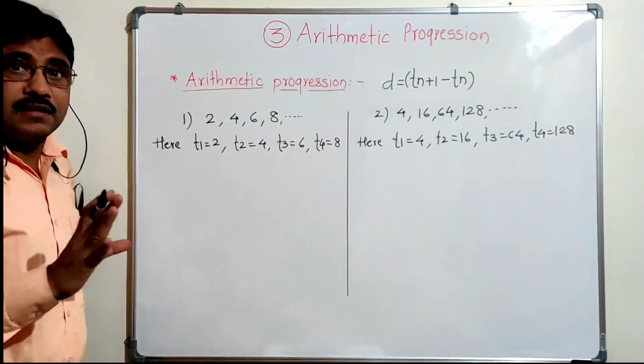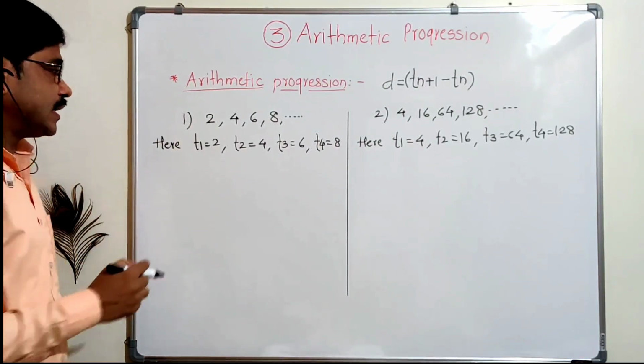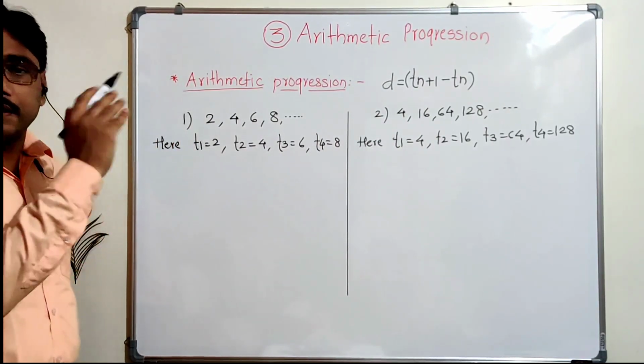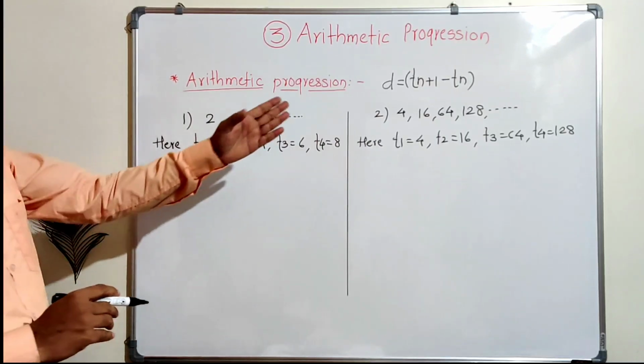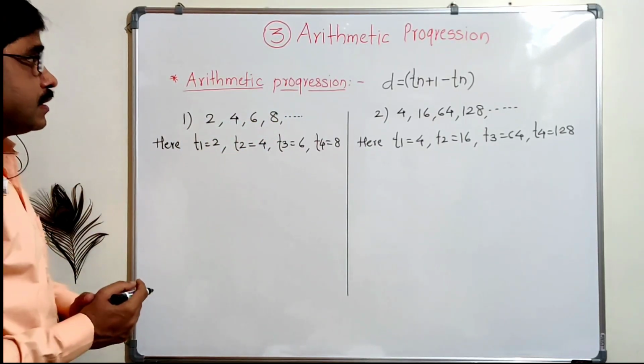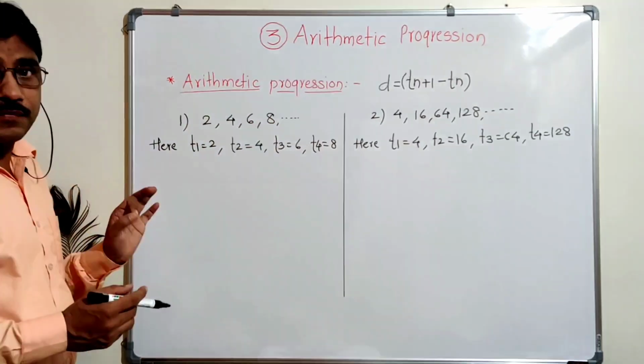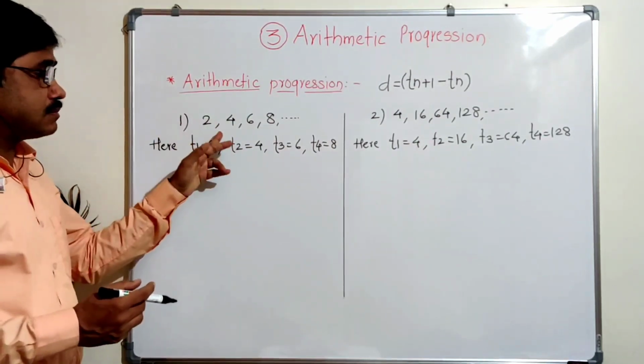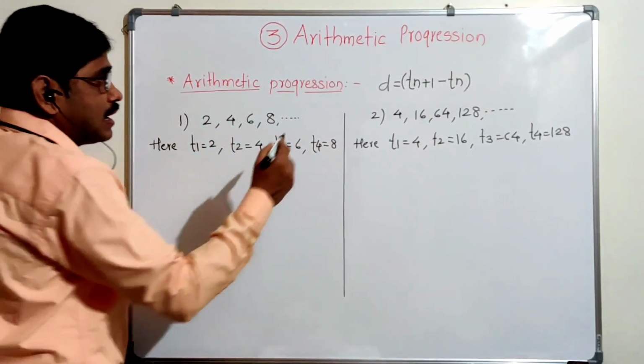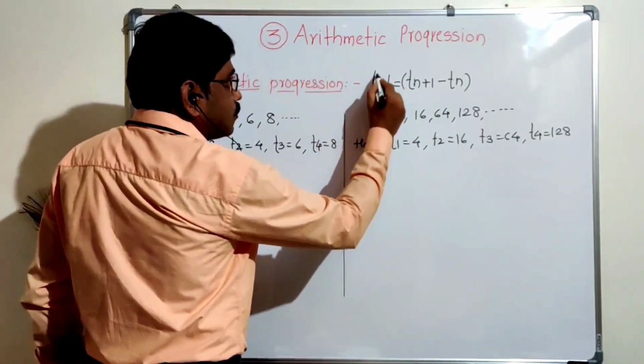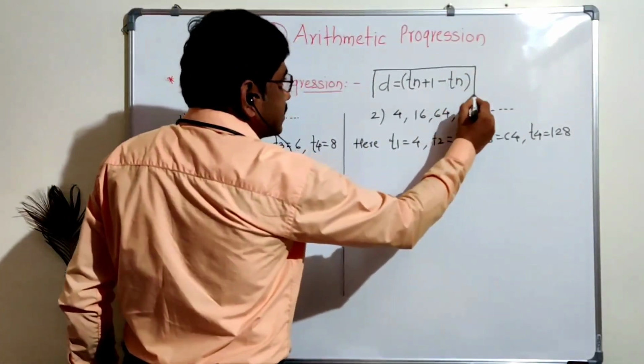So first write the terms, which are denoted by T1, T2, T3, T4, T5. Now we have the formula for common difference. It is denoted by D, the difference between two consecutive terms. Remember this formula to find the common difference.